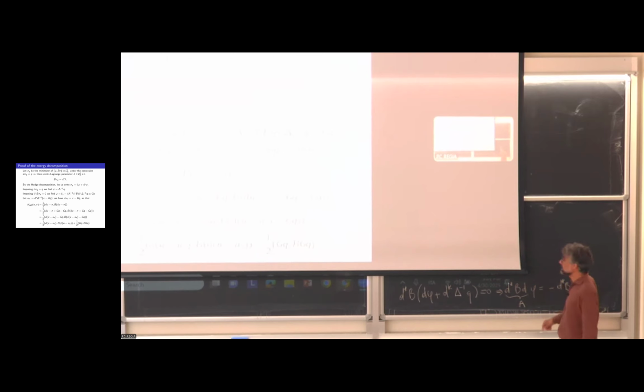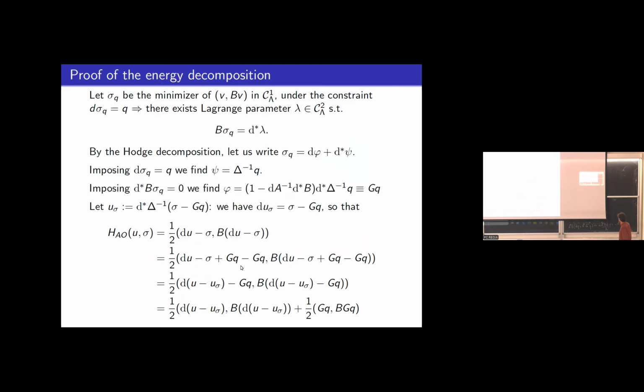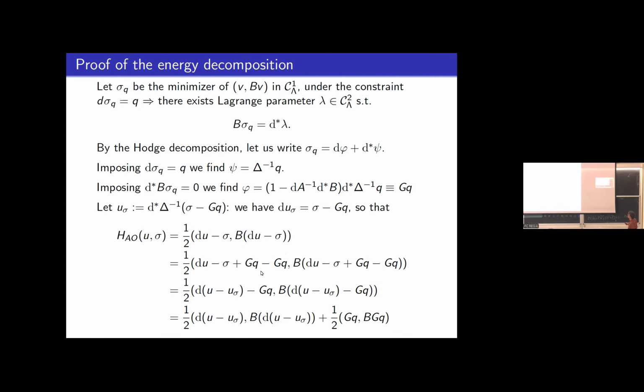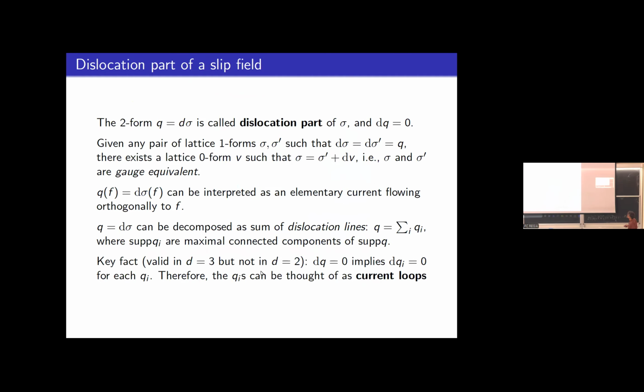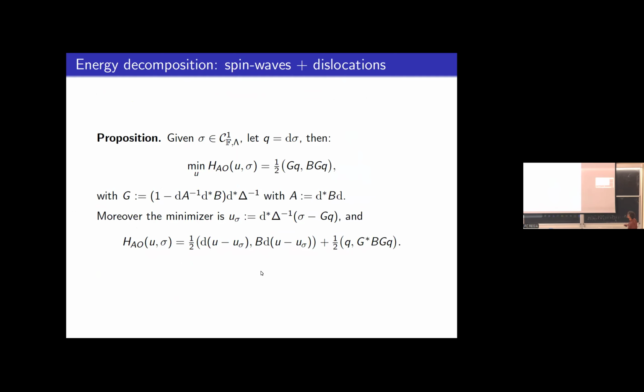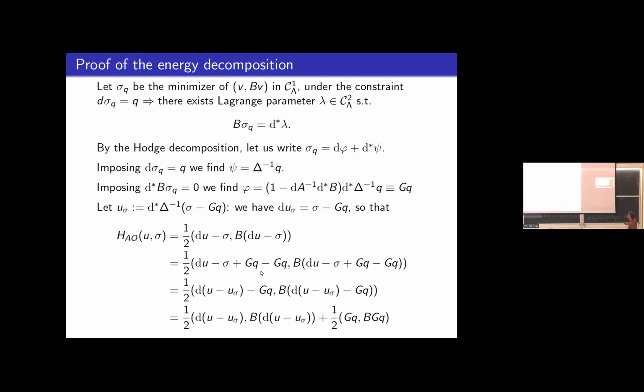So you invert and you get this formula here that defines this expression for G. Now, I don't think you can further simplify this. It's just what you get. Okay, another observation. So this is the first thing. This GQ that appeared everywhere in the formulas here is nothing but the constraint minimizer of this under the constraint that dV is equal to Q.